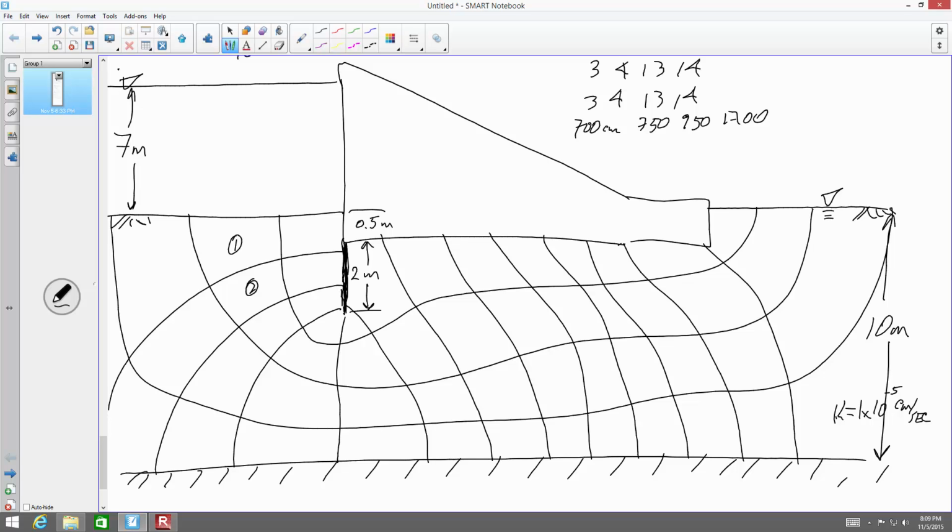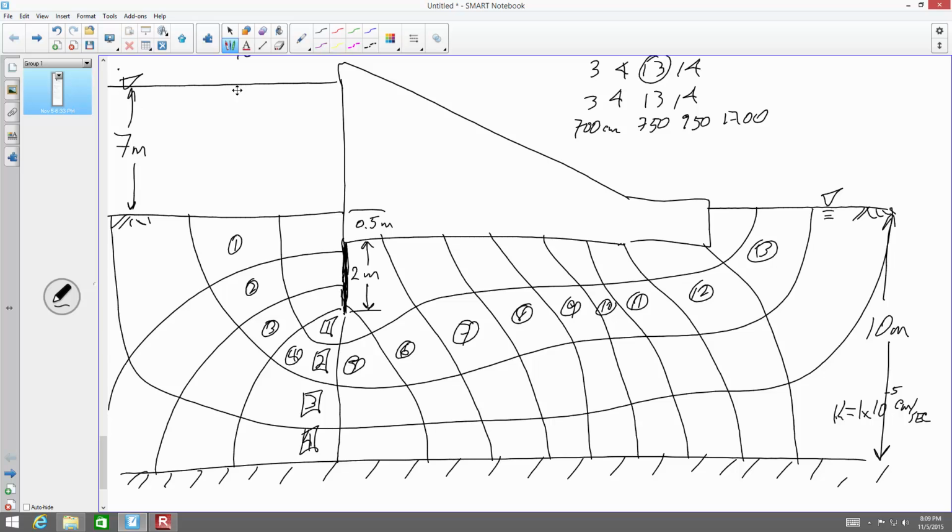1, 2, 3, 4, 5, 6, 7, 8, 9, 10, 11, 12, 13. I heard somebody in the audience saying 13. How many flow channels? Got 1, 2, 3, 4 flow channels.